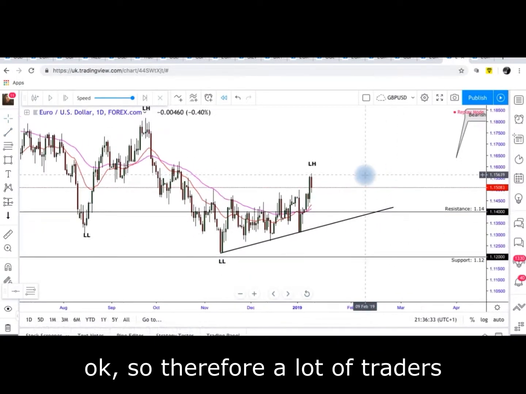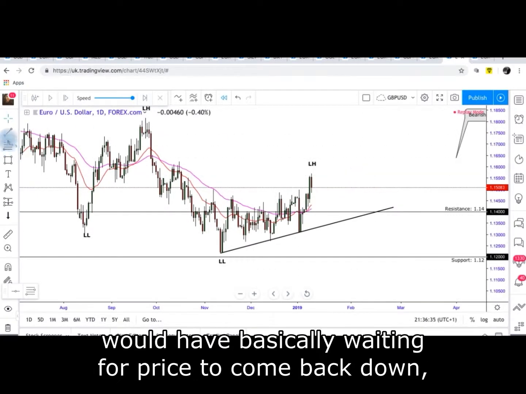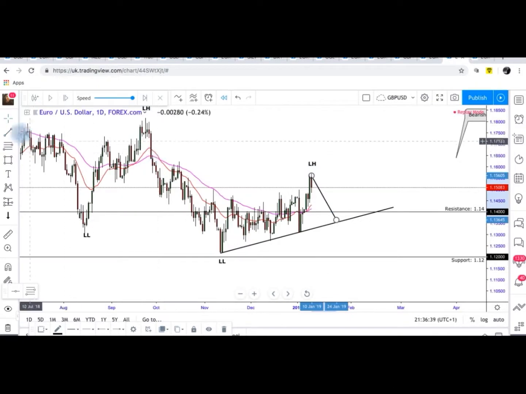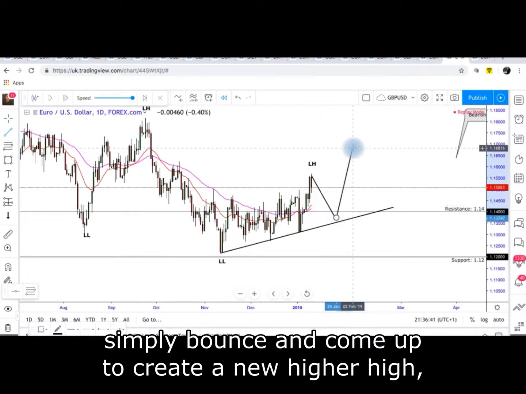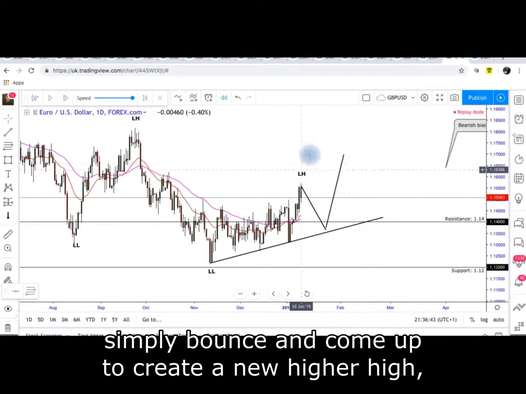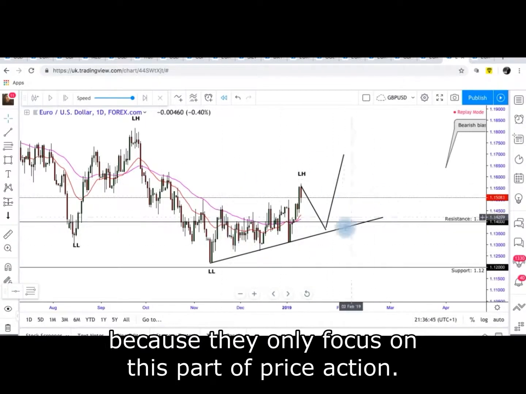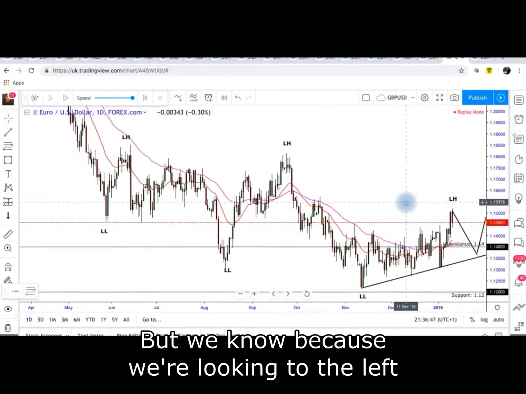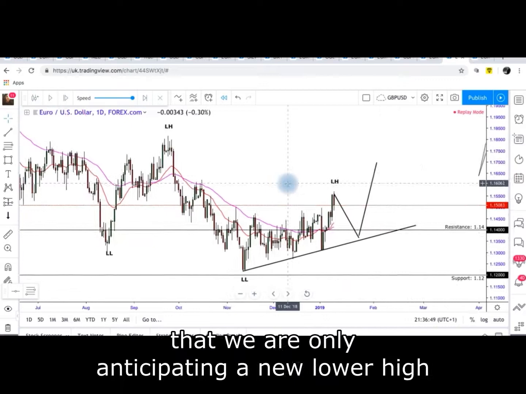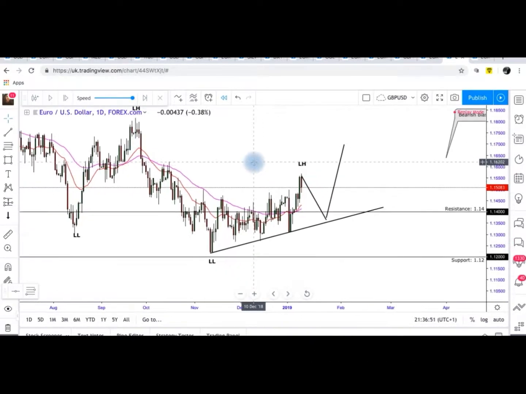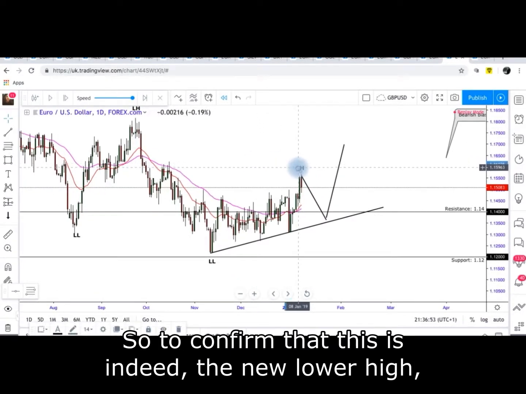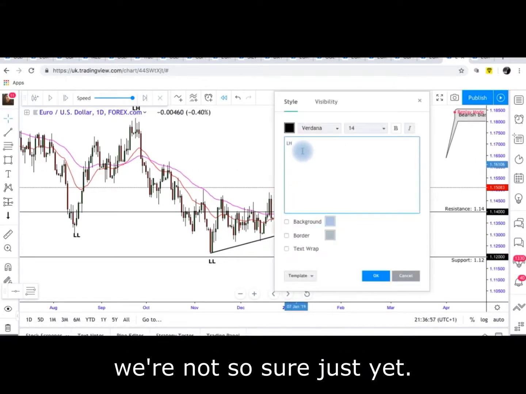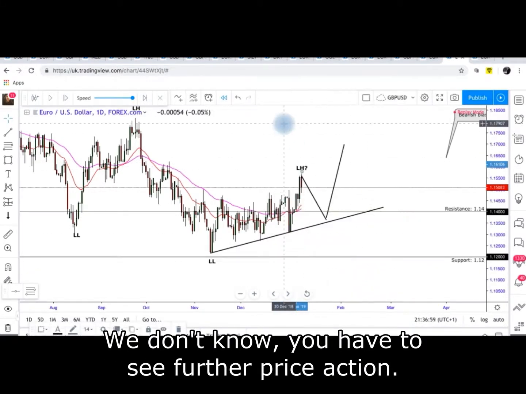So a lot of traders would have been waiting for price to come back down, bounce and come up to create a new higher high, because they're only focused on this part of price action. But we know, because we're looking to the left, that we're only anticipating a new lower high because we're bearish. To confirm that this is indeed the new lower high, we're not so sure just yet. We have to see further price action.